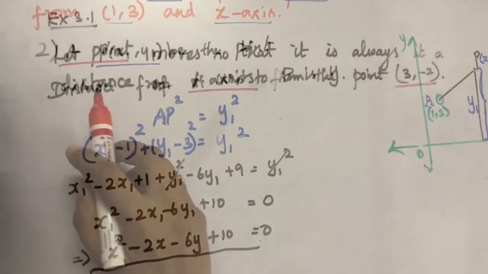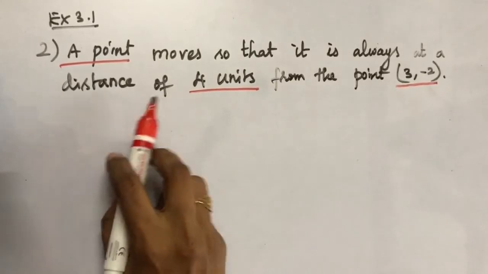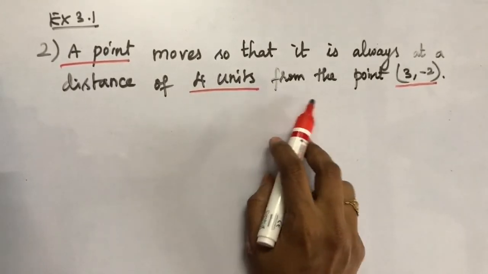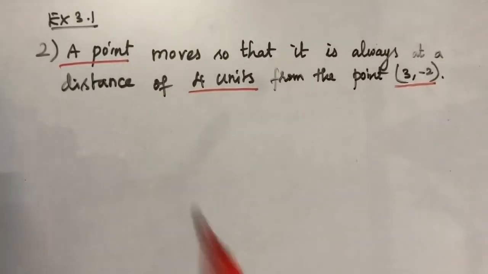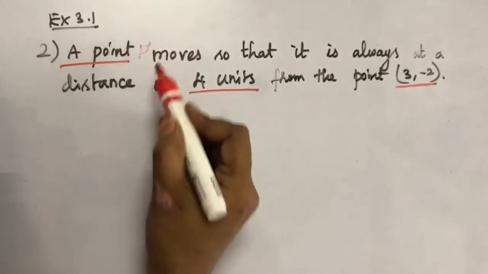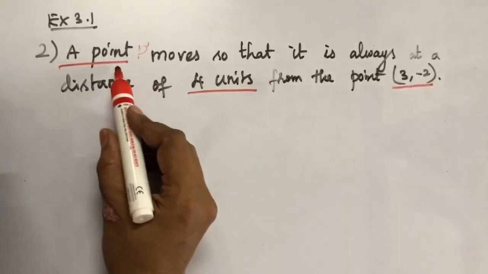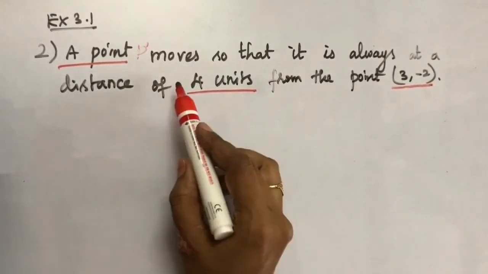A point moves so that it is always at a distance of 4 units from the point 3 comma minus 2. A point is moving on a plane, we will take it as P. As usual, from this point 3 comma minus 2, this moving point is having a distance of 4 units.